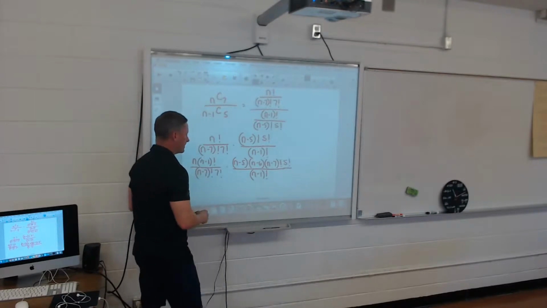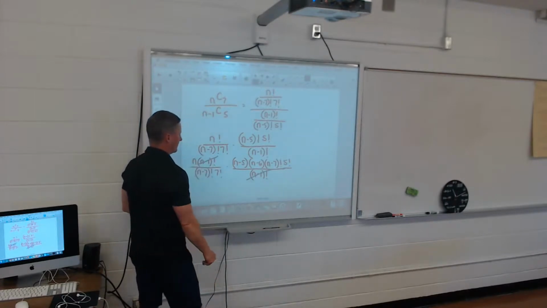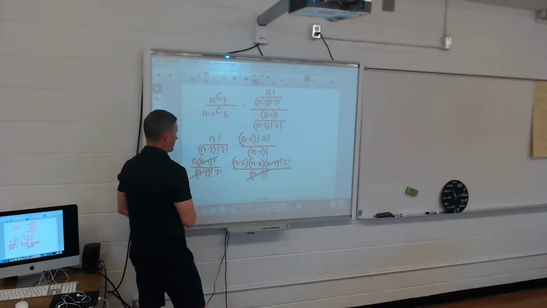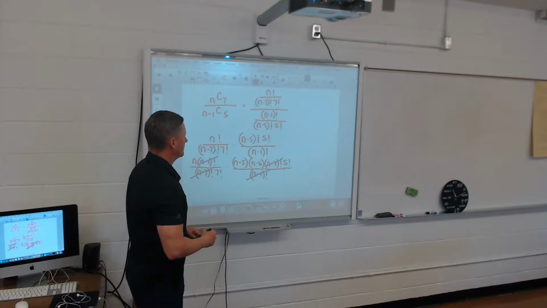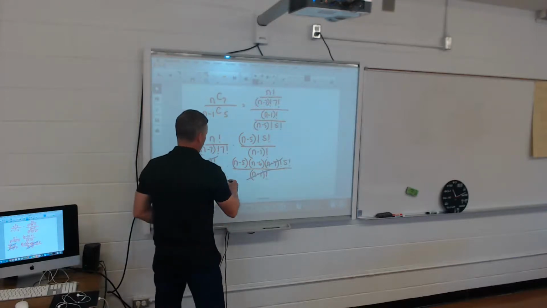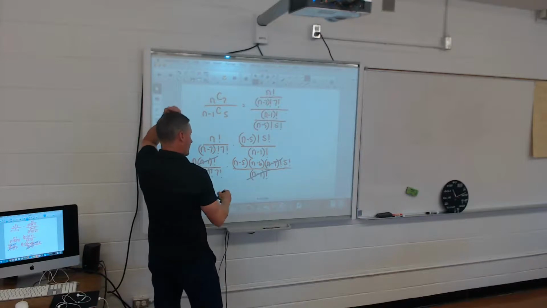Now I'm looking at this and I have that done. That is done. What I'm left with as I look is I didn't do anything with the 7 factorial and the 5 factorial. I'll do that right away.